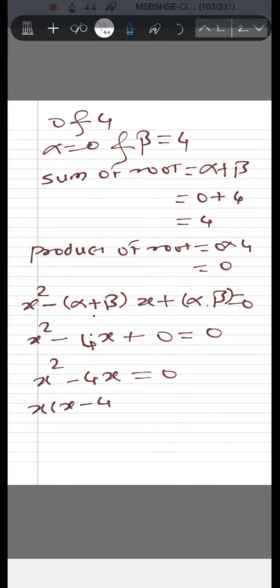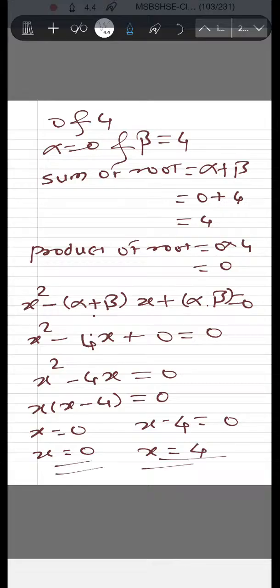So x into x minus 4 equal to 0. So x equal to 0 and x equal to positive 4, which are alpha and beta. So this is how you have to solve the question, the general form of a quadratic equation. Okay, yes, it is the correct one, simplified. That's it.